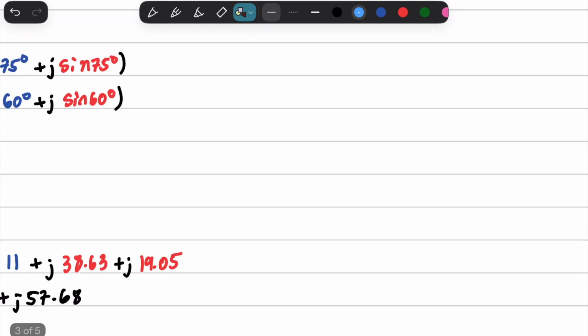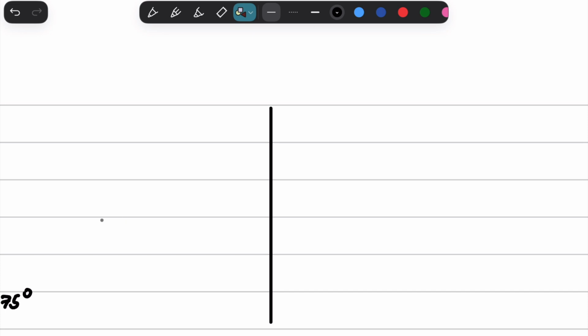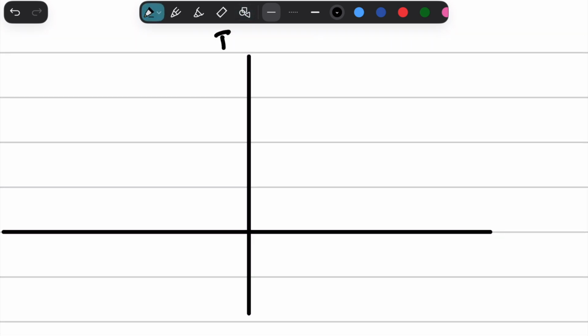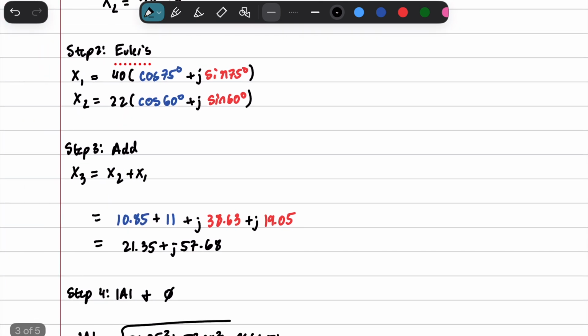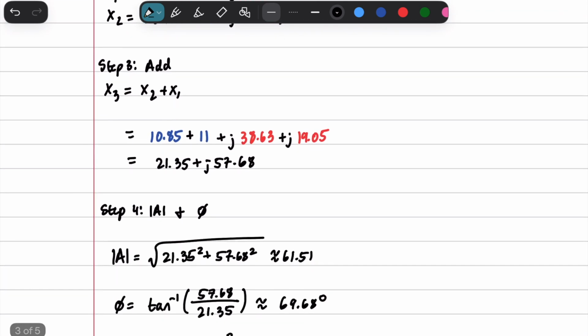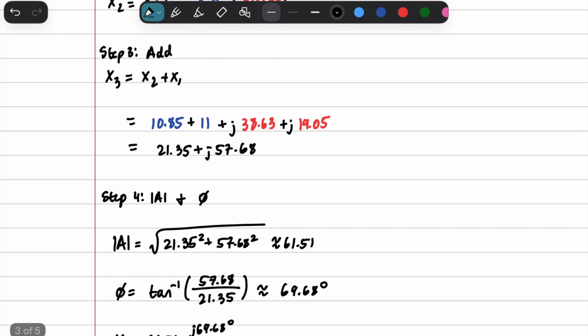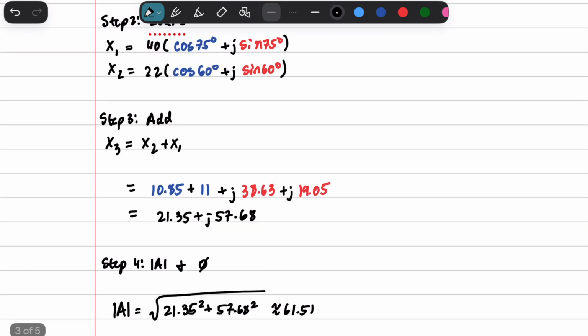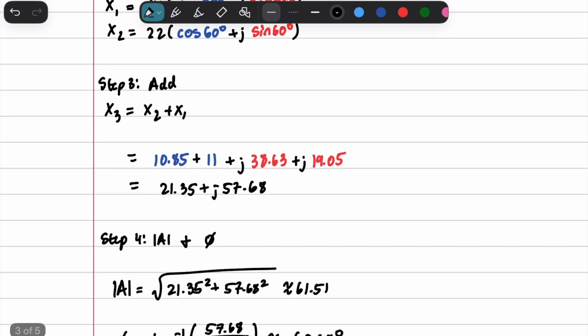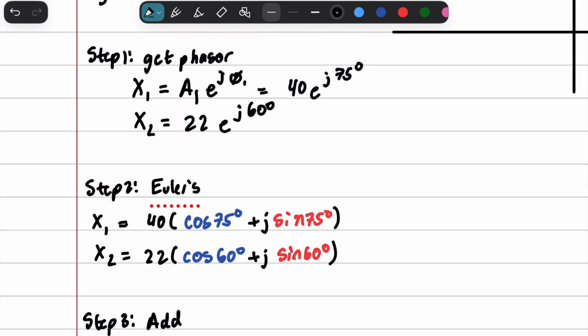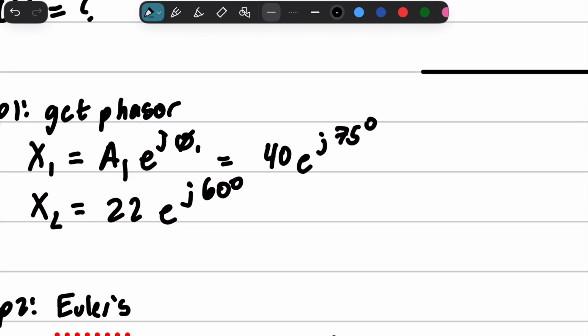Now a little sanity check to make sure that everything looks good. We have the imaginary plane and the real axis right here. We know that every complex number can be written as a vector.